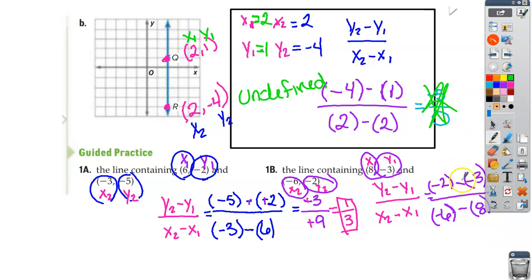Again, with the double negatives, negative negative makes a positive. So negative 2 plus 3 is just a positive 1 over negative 6 minus 8, which is negative 14. So our slope is negative 1 over 14. I kind of just readjusted the minus there to put it out front instead of just with the 14.